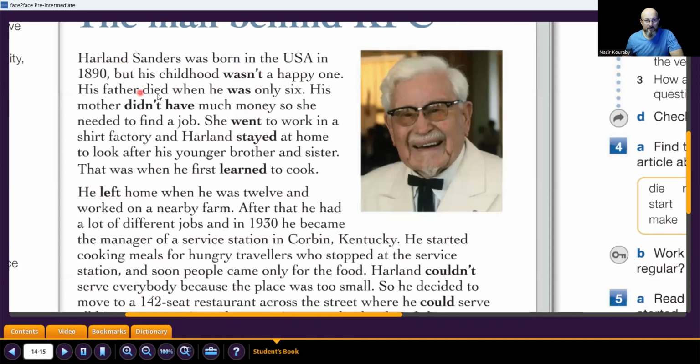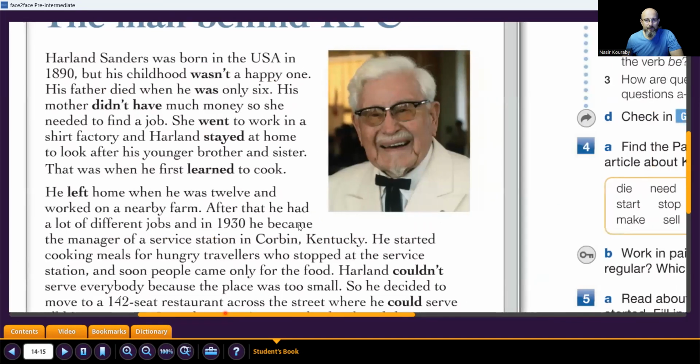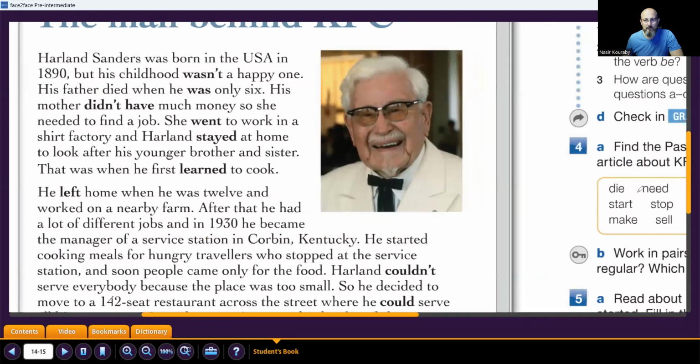Died, this is the verb die and died. And here we have had.